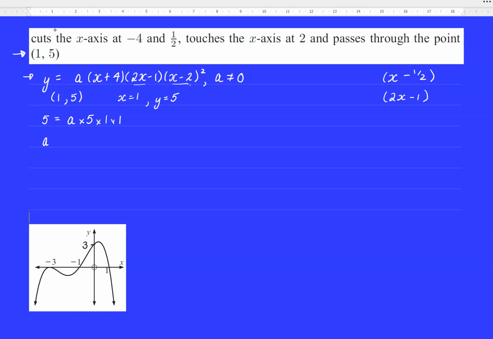So that means 5 equals 5a, and therefore a equals 1.